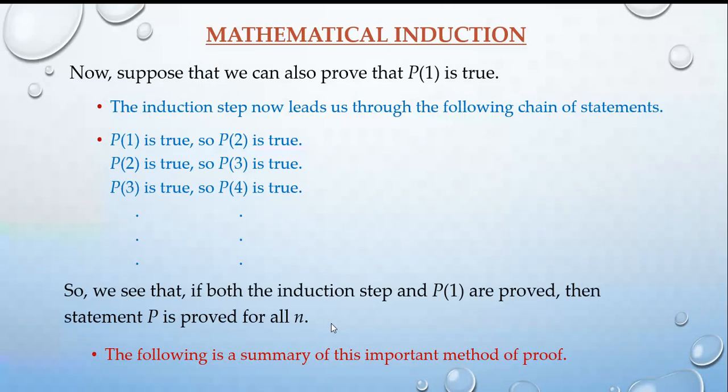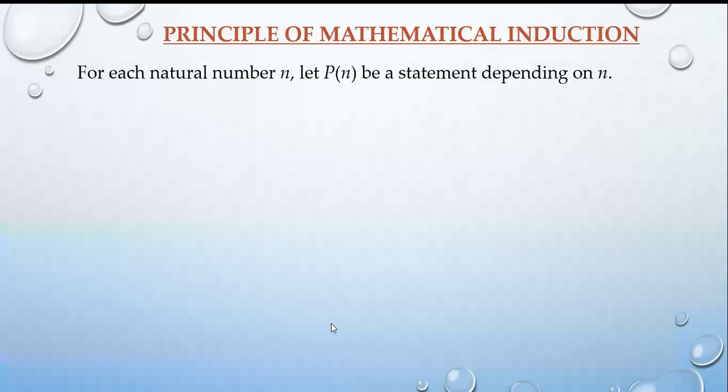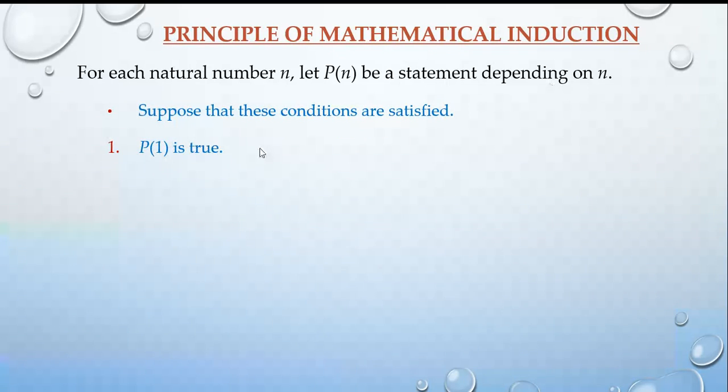Now let's see the summary of this method. Check here, the principle of mathematical induction. For each natural number n, let Pn be a statement depending on n, right? Suppose that these conditions are satisfied. What will be our first step? The first step in this method is that P1 is true.